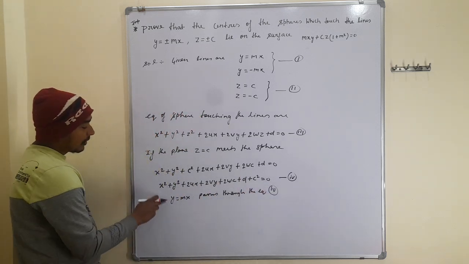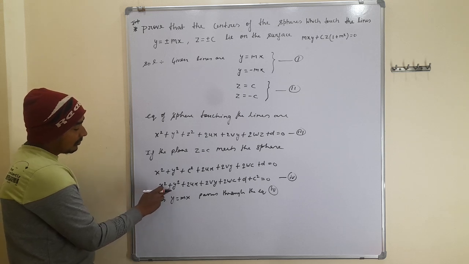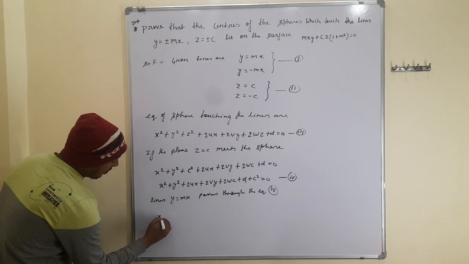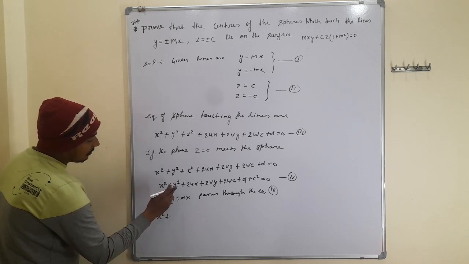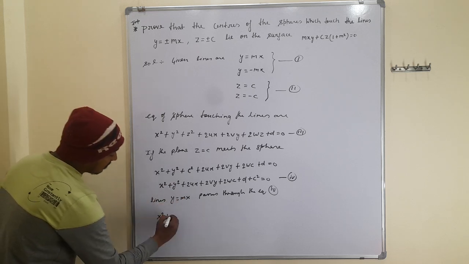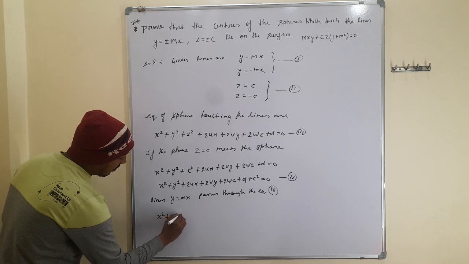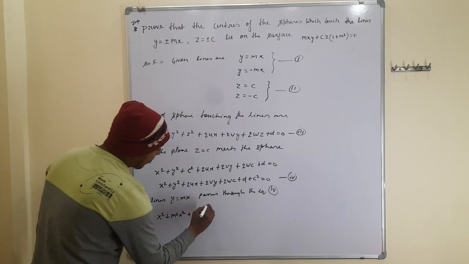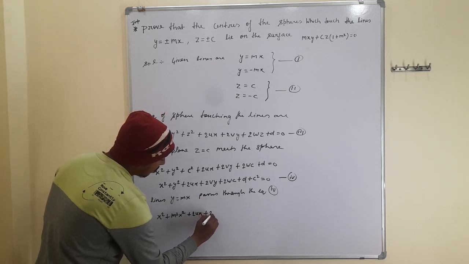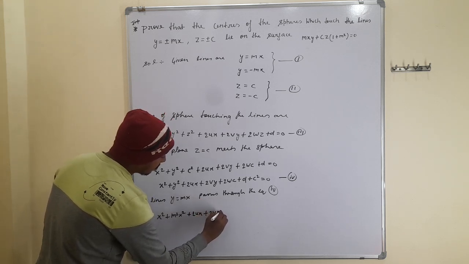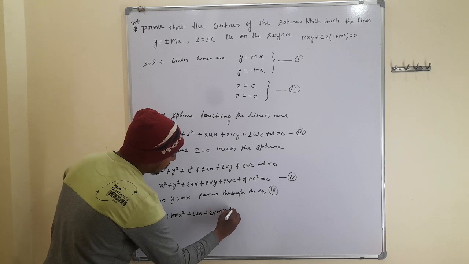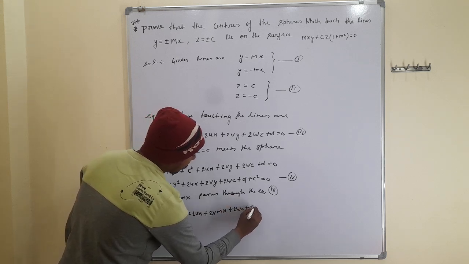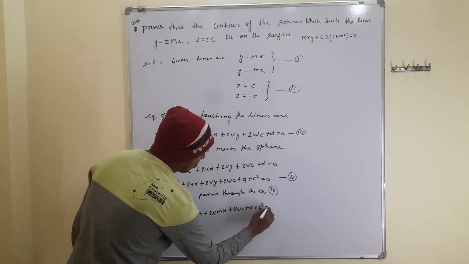We have to put y equals mx in equation 4, that is x square plus m square x square plus 2ux plus 2vmx plus 2wc plus d plus c square equals 0.